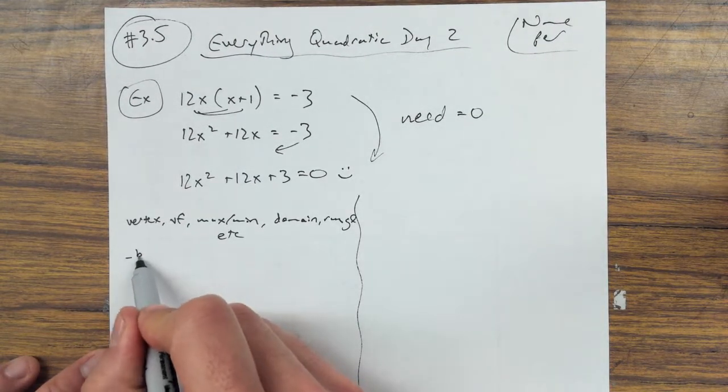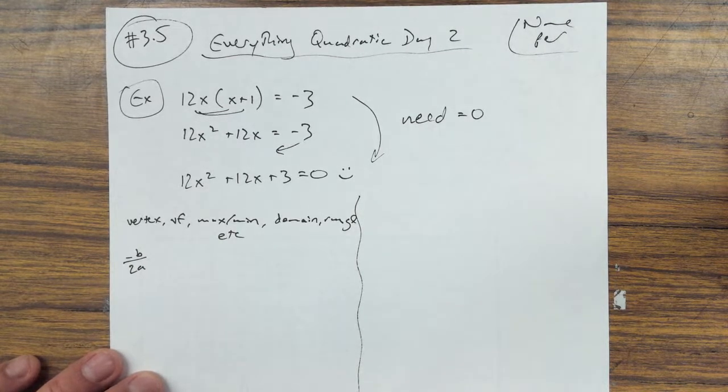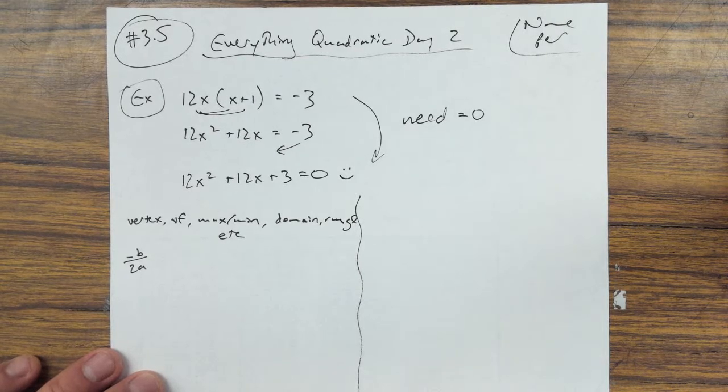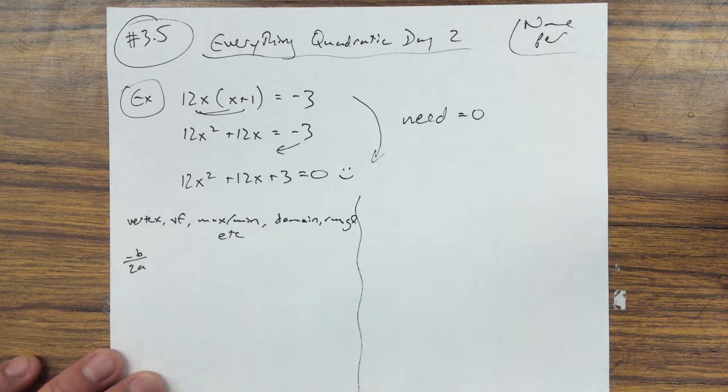You have to use the little formula -b over 2a. It's what we were talking about yesterday. -b over 2a answers almost everything you need to find in a problem.